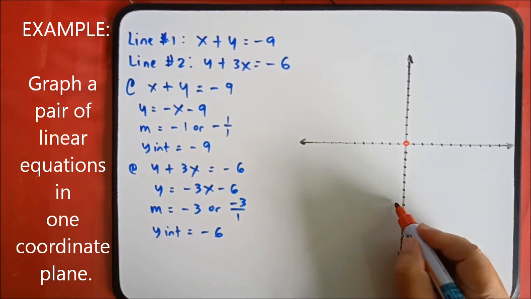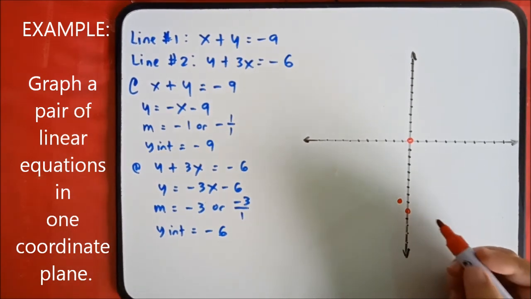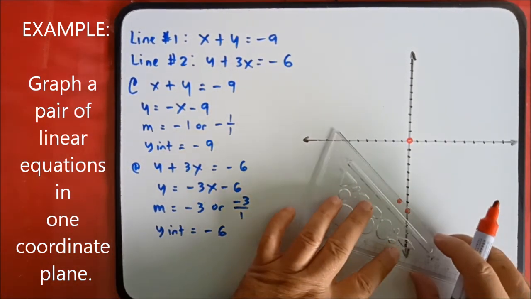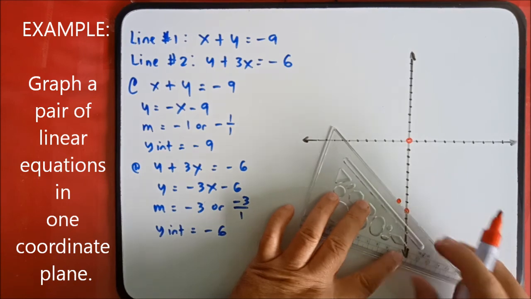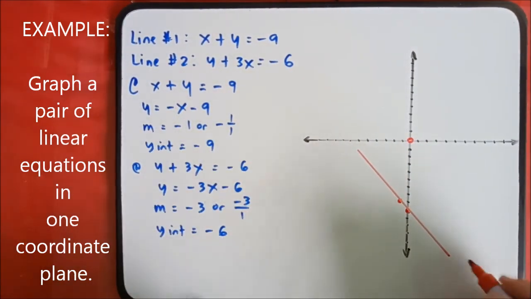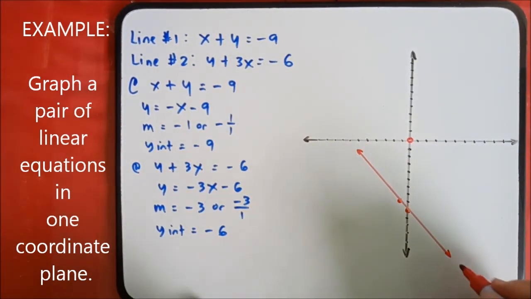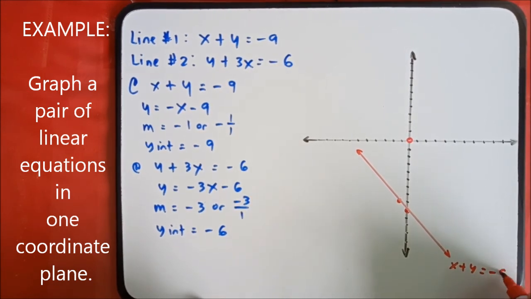Then 1 pataas. So, andito na siya ngayon. 1, then 1. We have to connect this. Okay, we will connect. Okay, so this will be our graph of equation number 1, x plus y equals negative 9.